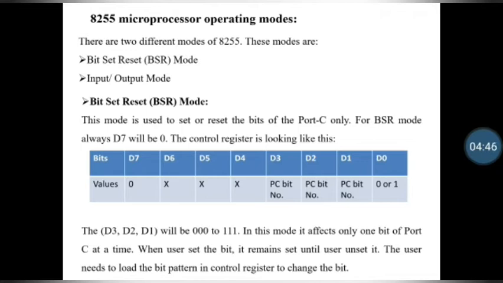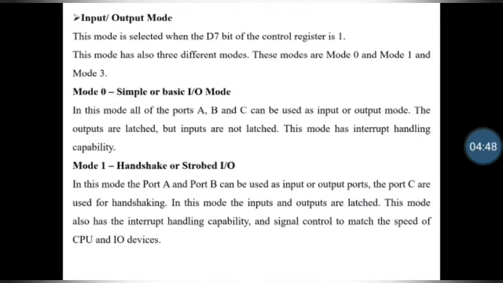Now the second type, that is the input output mode. This mode is selected when the D7 bit of the control register is set to 1. As I explained, in BSR mode the MSB, that is D7, is set to 0.